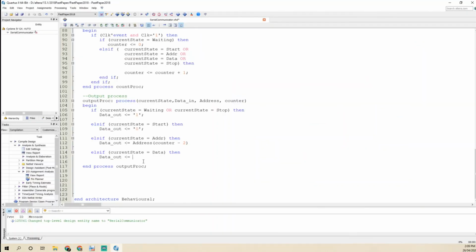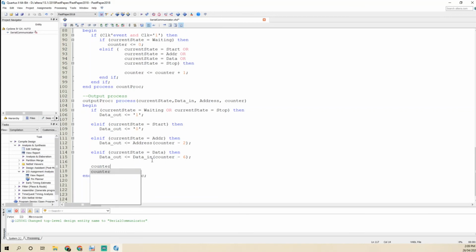Here, when I'm sending out these bits, I'm going to take whatever is on the data input, and I'm going to subtract 6 from that index when sending that data out on the data out line. Why am I subtracting 6? Well, the same logic applies.